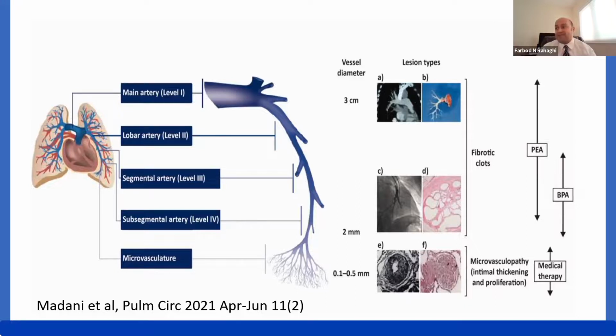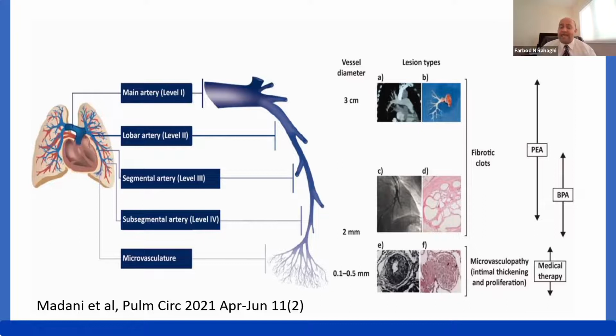It depends somewhat on whether you think the problem is mostly a blockage, which then is amenable to either surgery or balloon angioplasty, or do you think that at this point in the patient's evolution of their disease, the problem is mostly remodeled very small vessels that you're not going to get to surgically or with a balloon?